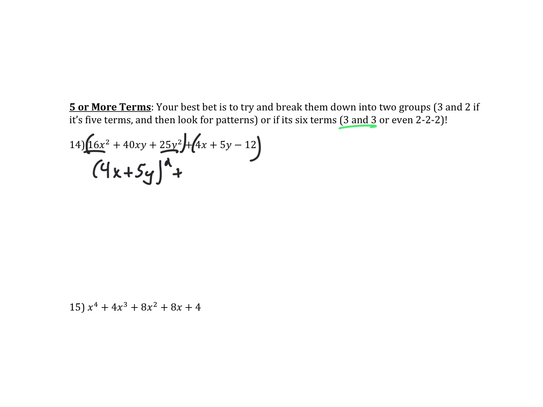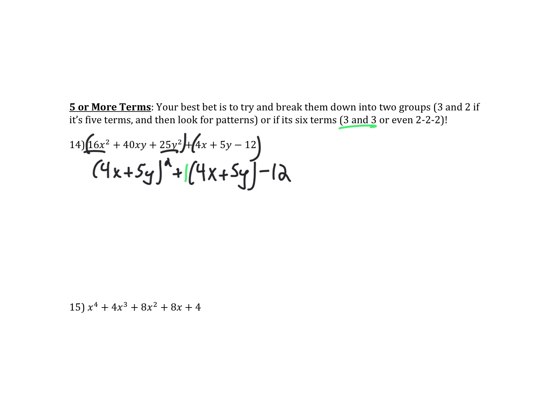And then I'm left with, and I'm actually going to change the parentheses here, and you'll see why in a second, 4x plus 5y minus 12. And just so you can see, I'm going to put a 1 in front of the 4x plus 5y. So what I have here is (4x plus 5y) squared plus 1(4x plus 5y) minus 12.